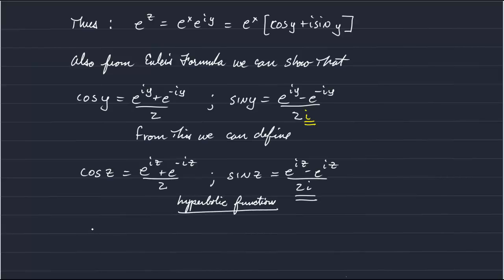hyperbolic functions of imaginary numbers are just like they are with real numbers. So cosh, the hyperbolic cosine of z, is equal to e to the z plus e to the minus z divided by 2. And the hyperbolic sine of z is equal to e to the z minus e to the minus z all over 2.